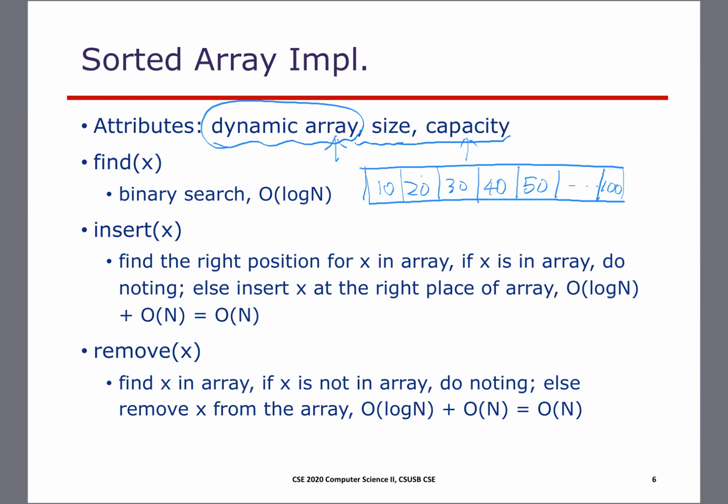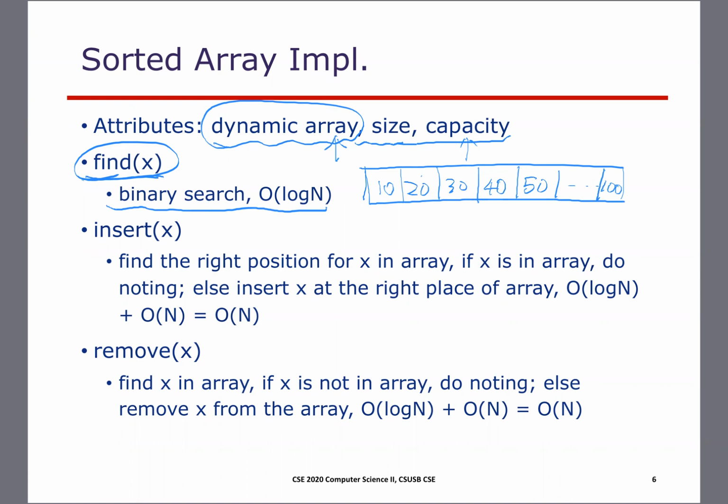The elements in the array are sorted. And now the operation find x. For the operation find x, we can use a binary search to implement the find x operation.